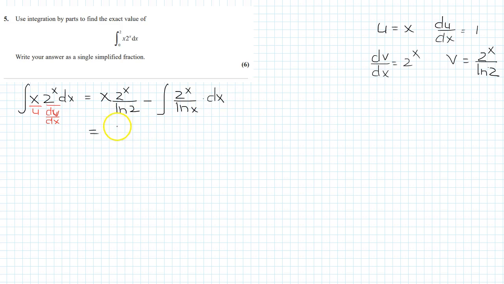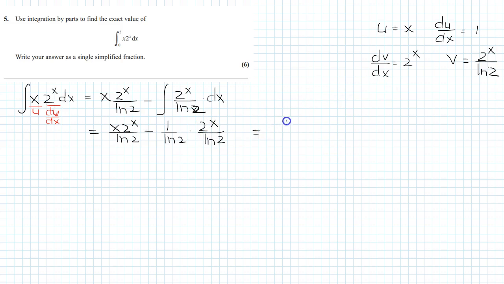So that is equal to x 2 to the power x over ln 2 minus, this is 2 to the power x, so 1 over ln 2, and the integral of 2 to the power x is 2 to the power x over ln 2.